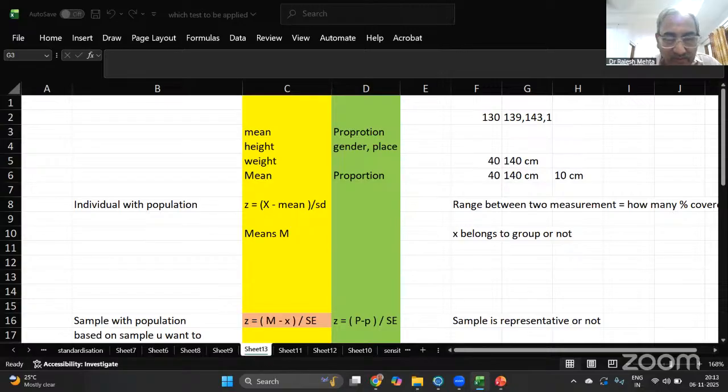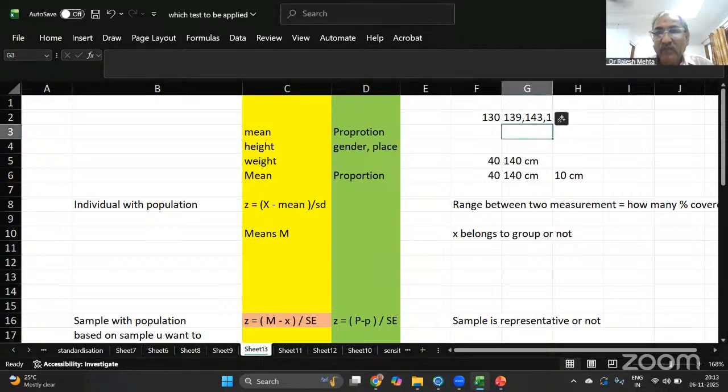Suppose my question is between 130 to 140, how many students will be there? Anybody can answer this? Our mean is 140 centimeter, total number is 40, and standard deviation is 10 centimeter. The question is how many lie between 130 to 140 centimeter? Any answer?